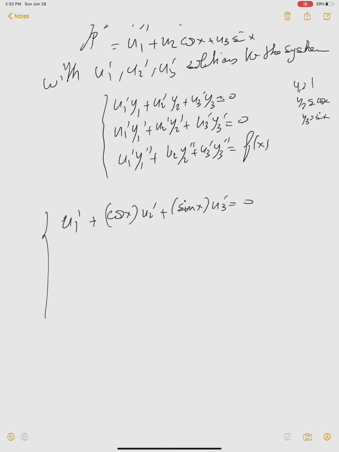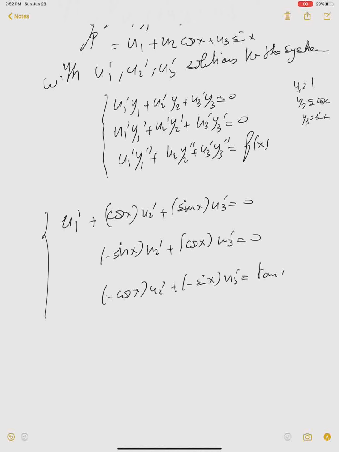So 0 plus minus sine x u2 prime plus cosine x u3 prime equal to 0. Now differentiate again, you get minus cosine x u2 prime minus sine x u3 prime equal to f of x, which is tangent x. And these are equations 1, 2, and 3.